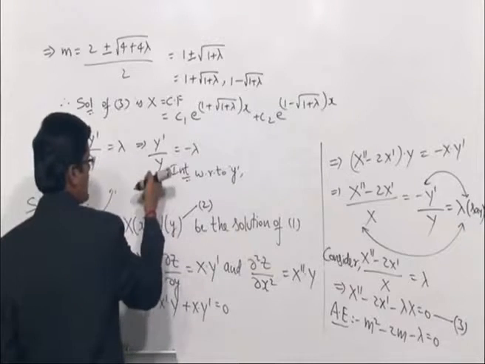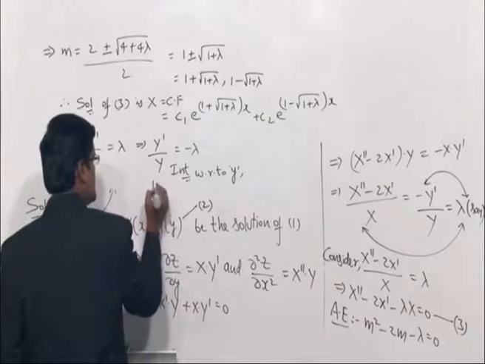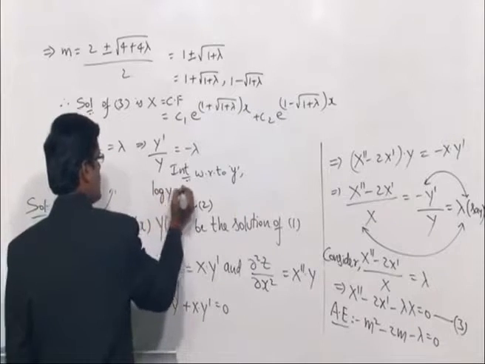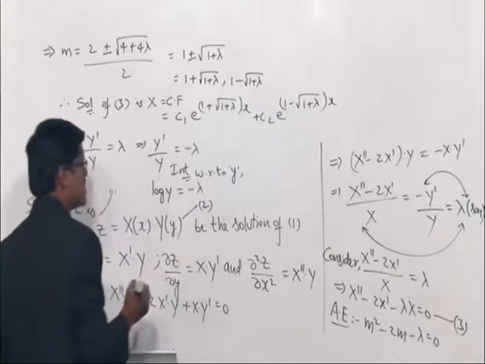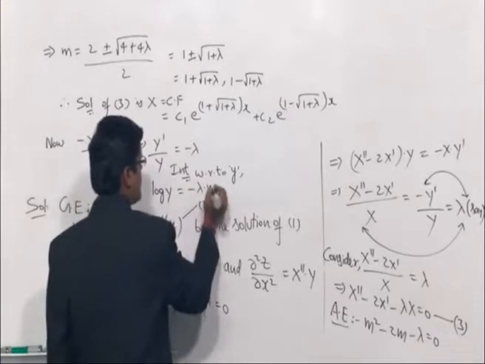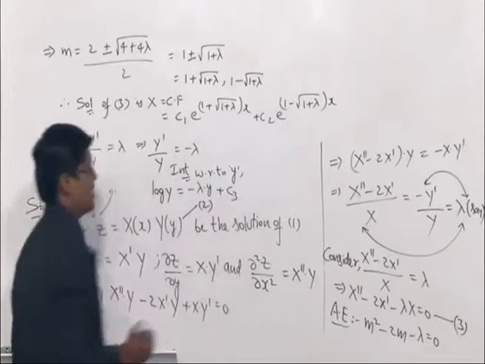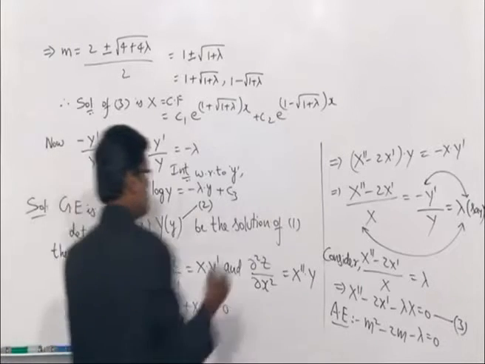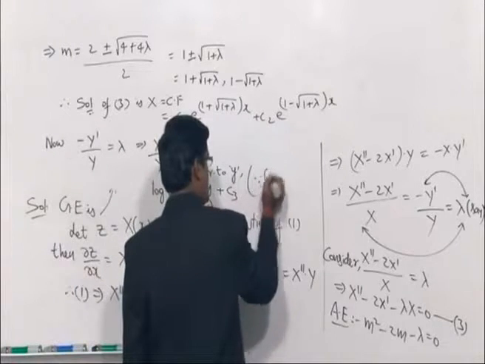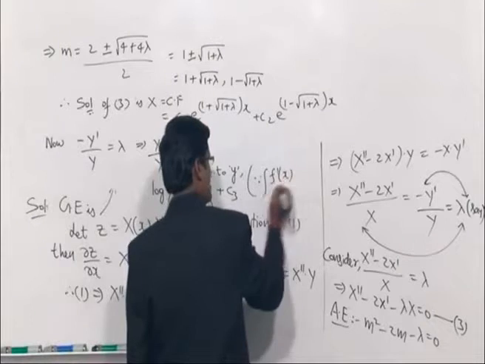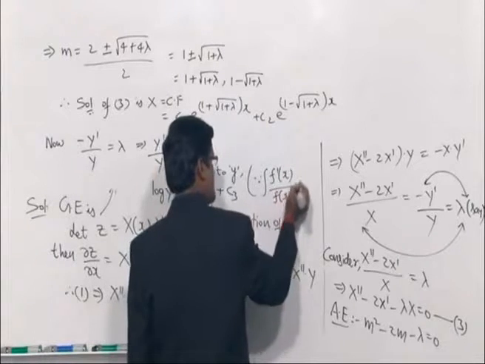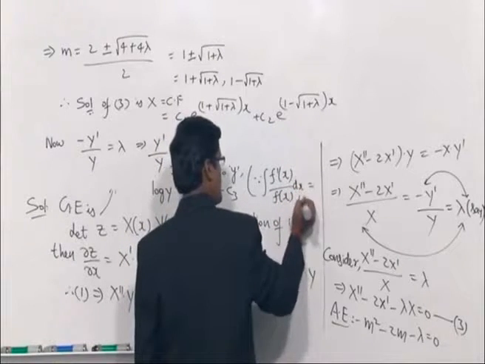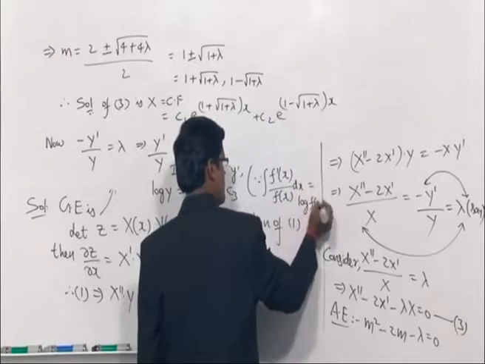So it is in the form of f dash x by fx, whose integration is log fx. Log y is equal to minus lambda, constant integration with respect to y is constant into y, plus some constant. After integration we should add a constant. Since integral f dash x divided by f of x dx is equal to, what is the formula? Logarithm of f of x.